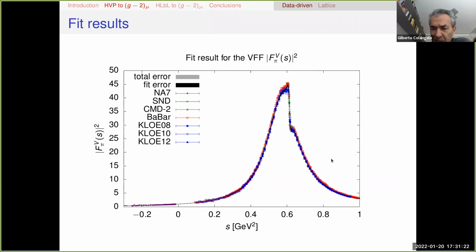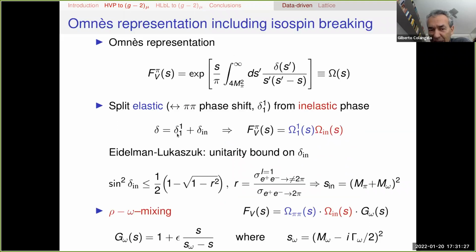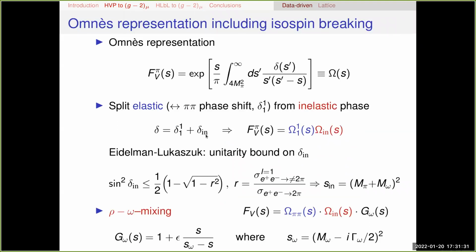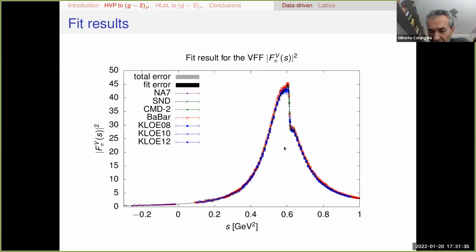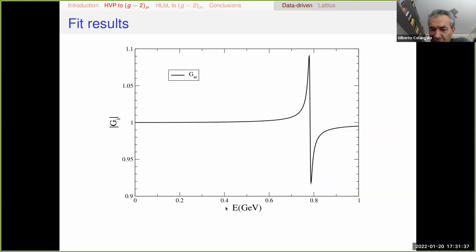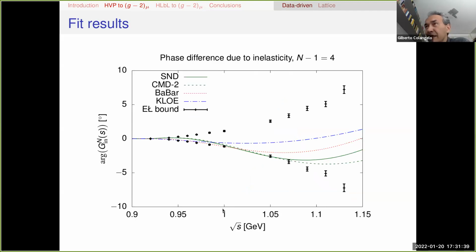So you see this phase, I'm splitting the pi-pi phase shift from the inelastic one. So the pi-pi phase shift, here you have the rho at 0.7. So at energies of around 1 GeV it is above 100 and something in degrees. I don't know, maybe 120 or so.